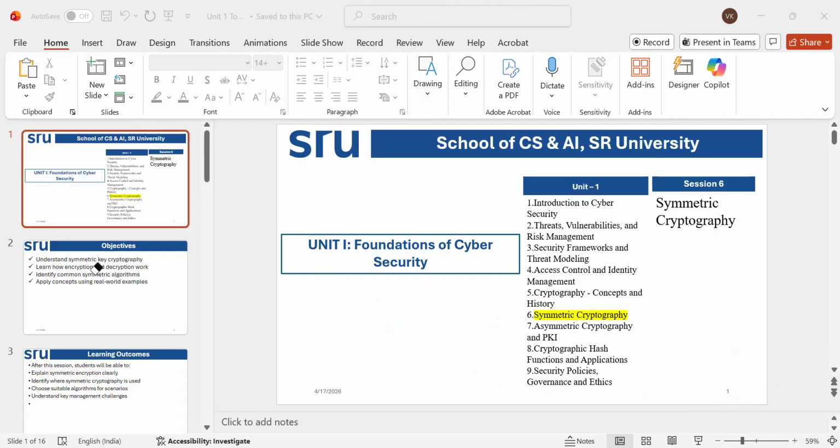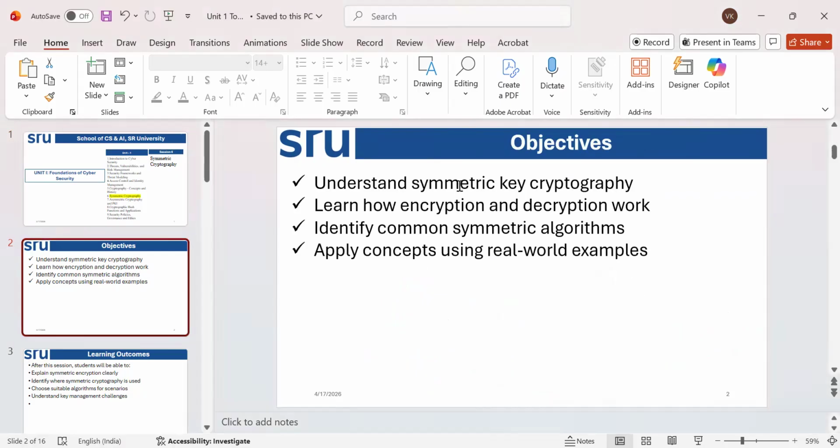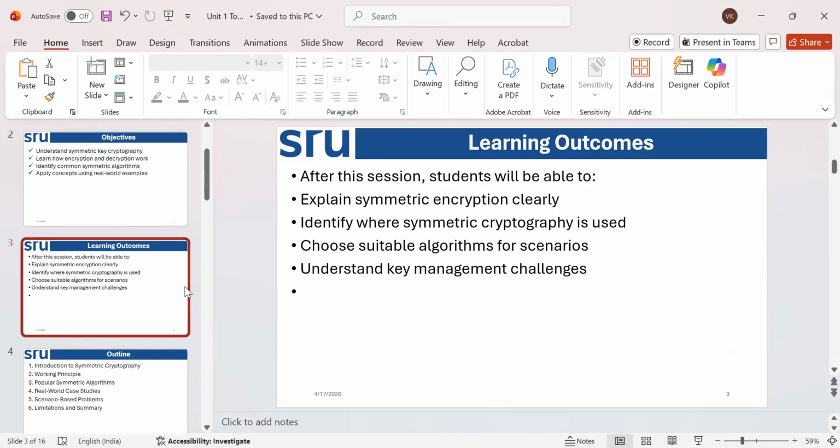Okay, let's come to our objective. Our objective is to understand symmetric key cryptography, learn how encryption and decryption work, identify common symmetric algorithms, and apply the concepts using real world examples. Let's see the learning outcomes.